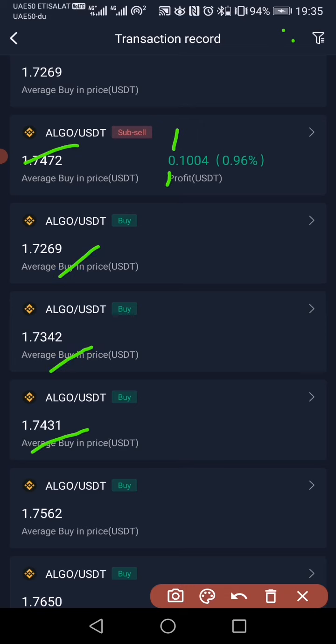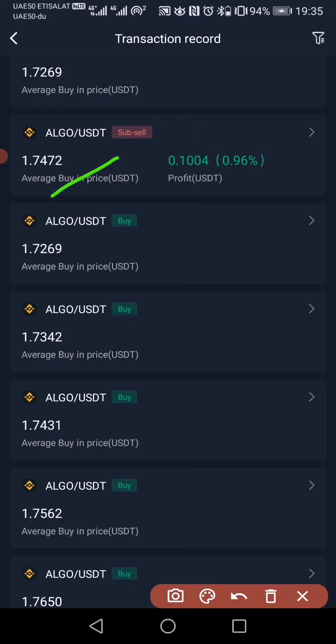Then at this point here, it made a sell. And when it made a sell, what happened? The average price went up, which is consistent with what I told you: once the robot buys, your average price comes down, and if it continues to buy, the average price continues to come down. But once it sells, the average price goes up.